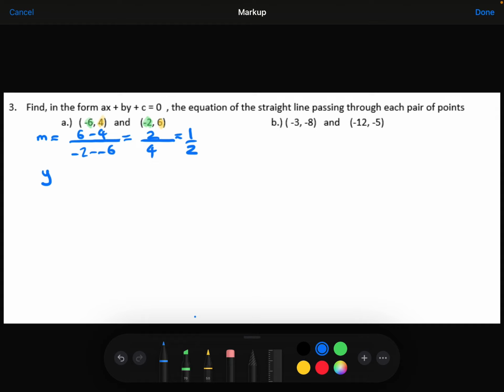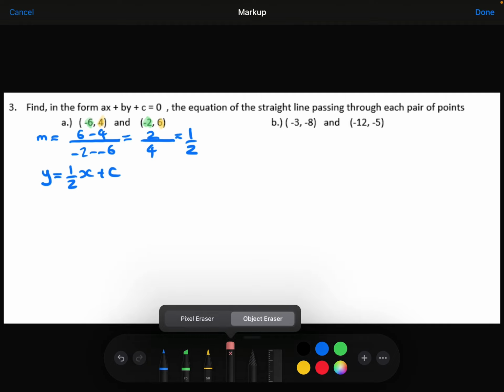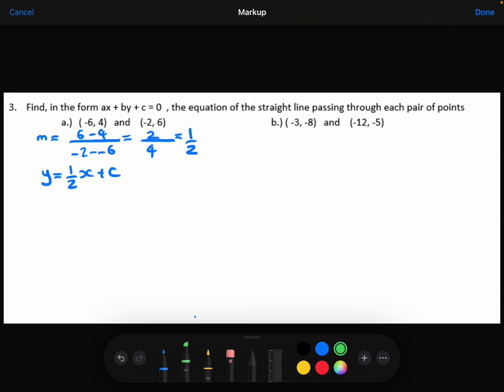So I can now say that y equals mx plus c. And I can substitute either of those original coordinates in here. I'm going to choose this coordinate here. It doesn't really matter in this case.